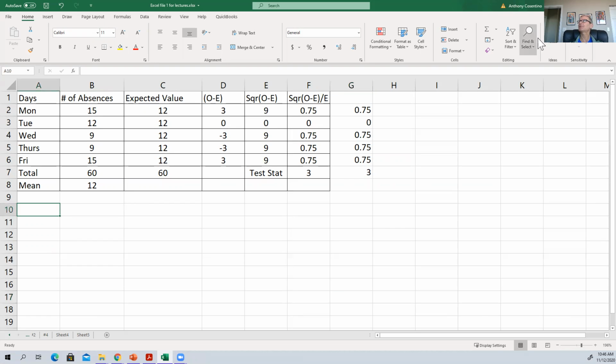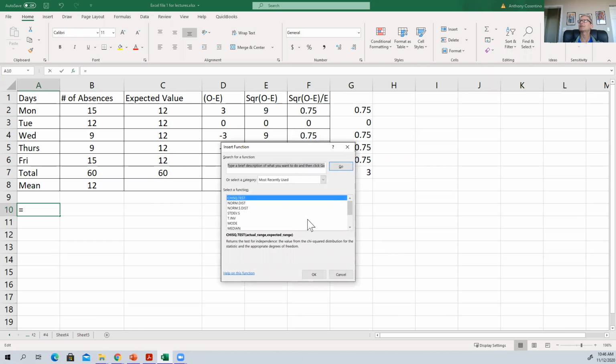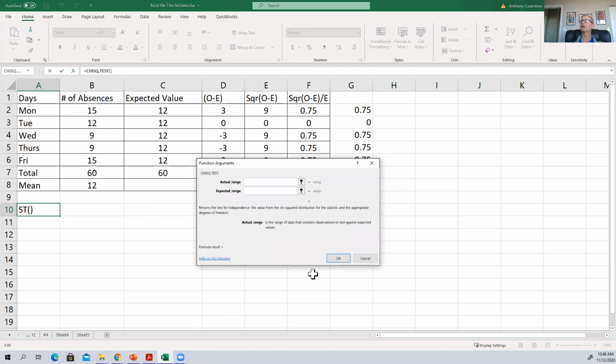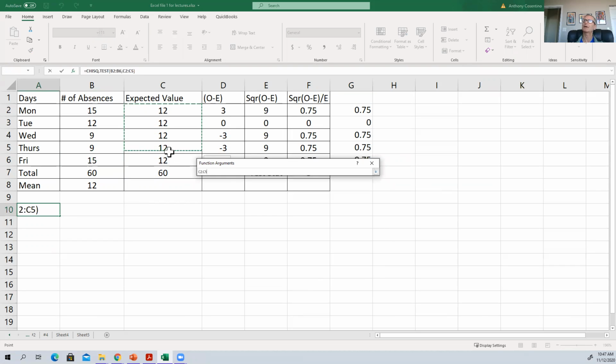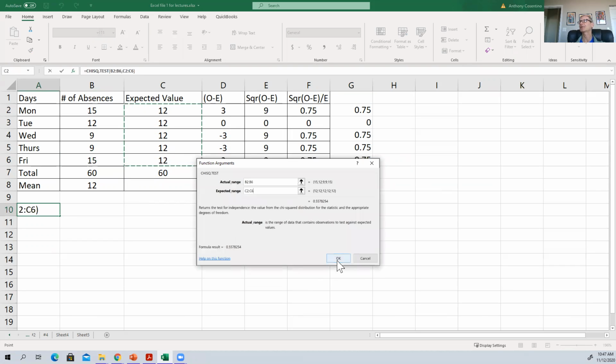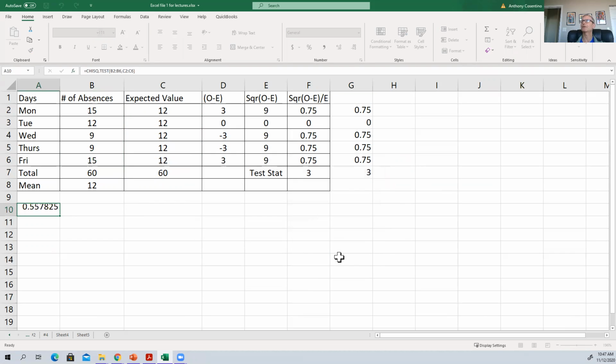The way to set this up is you go up to more functions, and again, it's CHISQ.TEST. You hit OK. The actual range is the actual test data, so you highlight the test data, and then the expected range is the expected values, so you highlight that. It will give you a p-value for the right tail test.